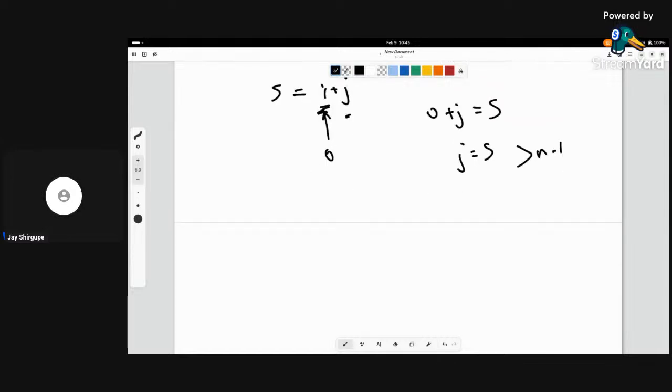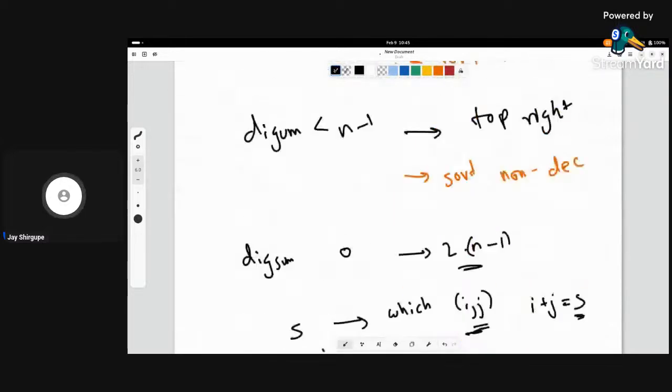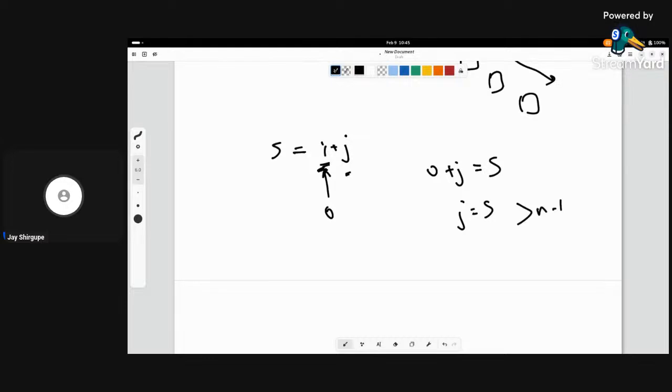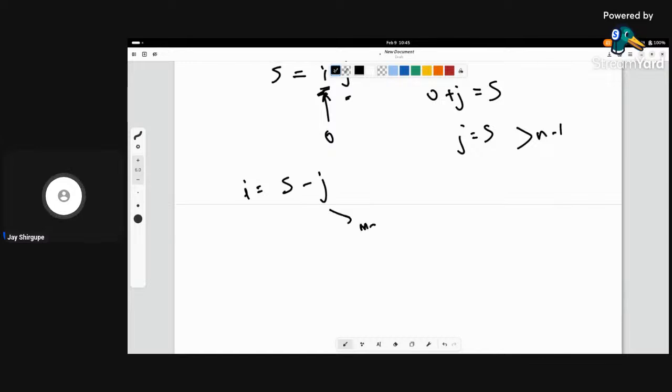So basically what you would do is see what can be the maximum value of i. Your i is basically, if you reorder this equation, s minus j. Your j is at max n minus 1.